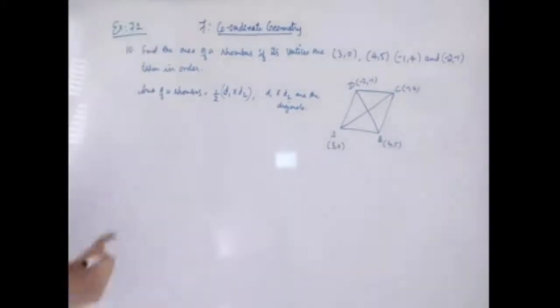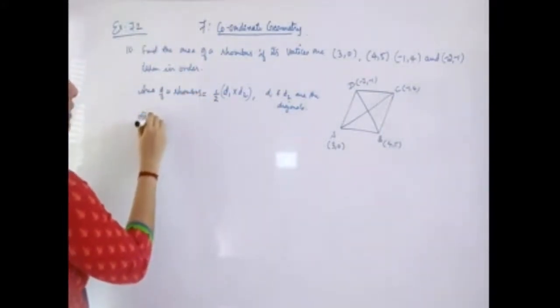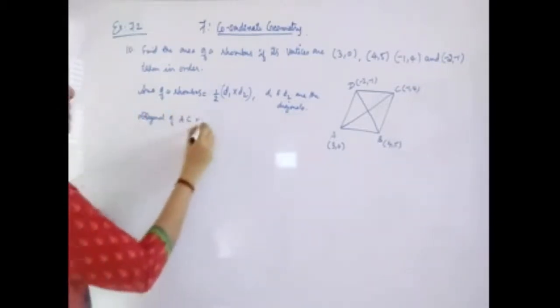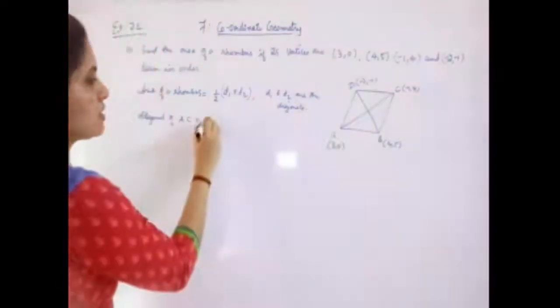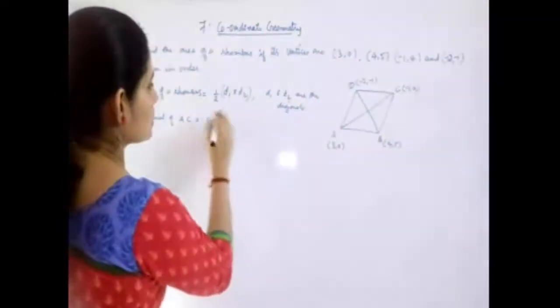So you have to find AC and BD and then use the formula to find the area. First we will start with the length of the diagonal AC. What can you use to find the length? The distance formula, which is the root of (x2 - x1)² + (y2 - y1)².